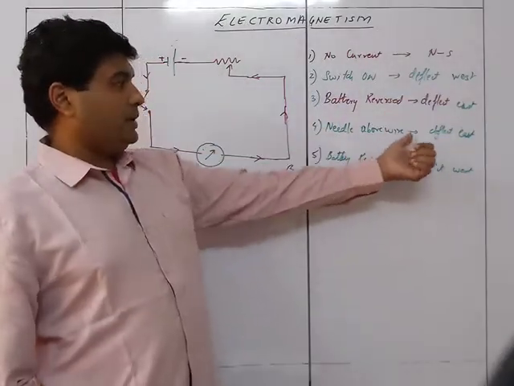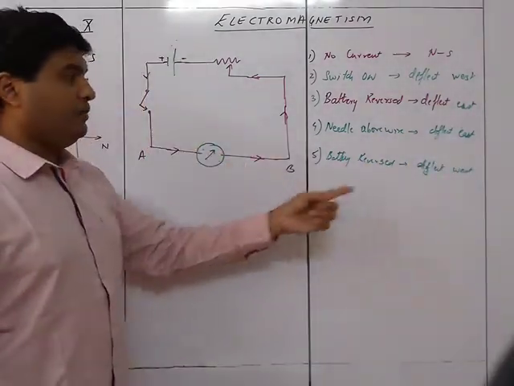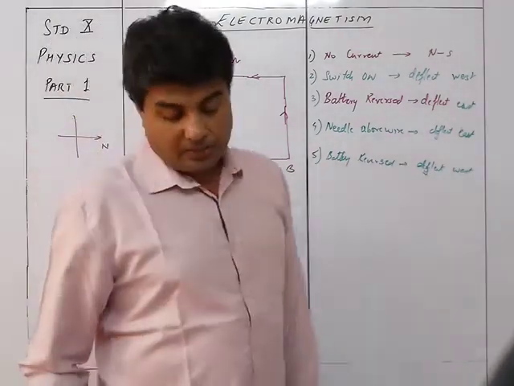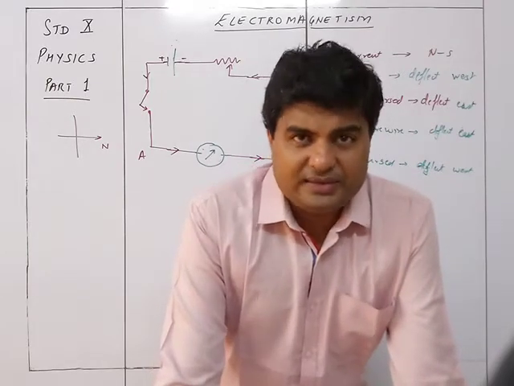When I put it above, the deflection from A to B will be east, and if we reverse, from B to A it will be west.